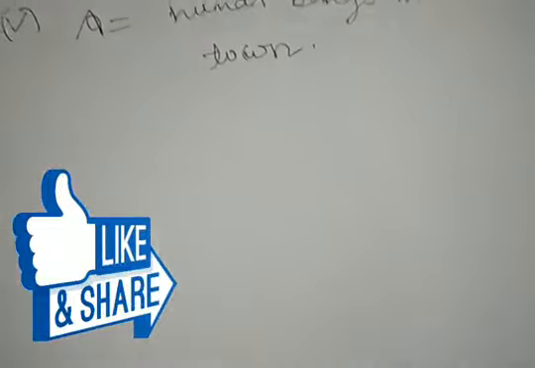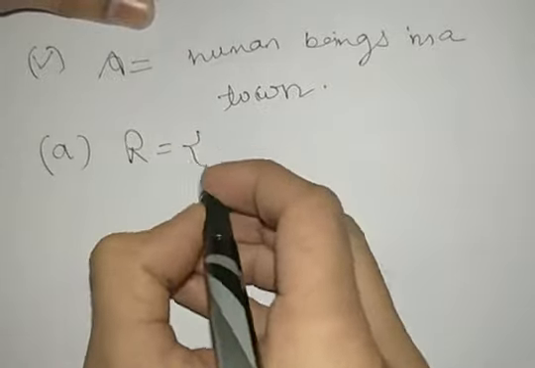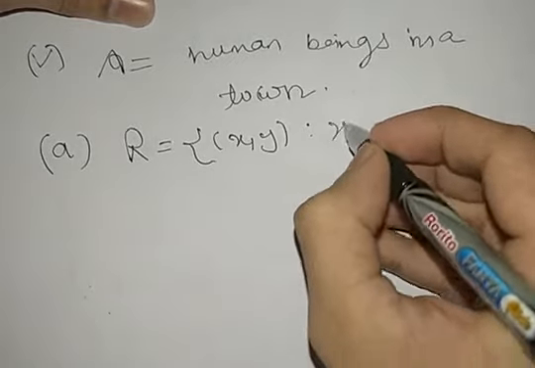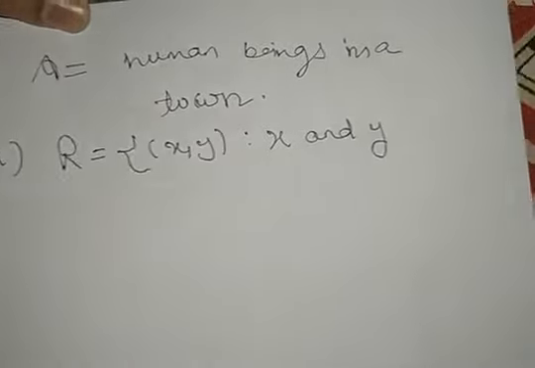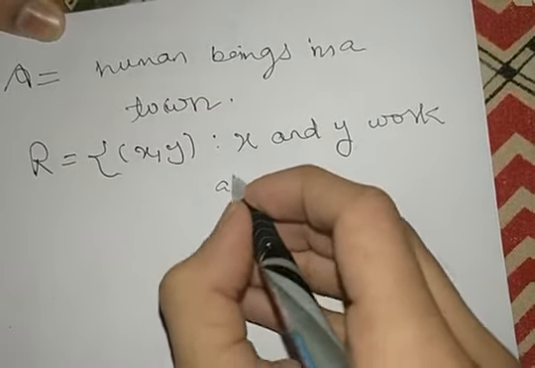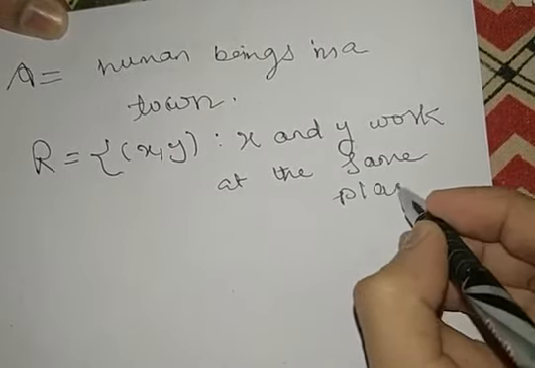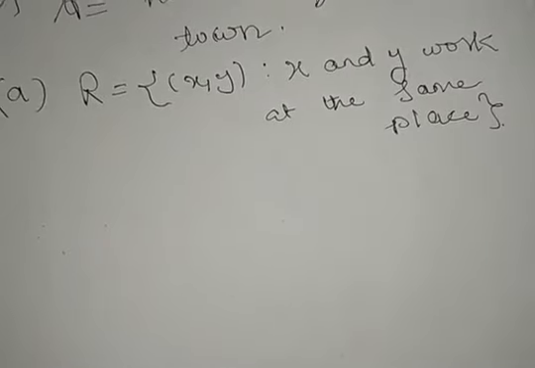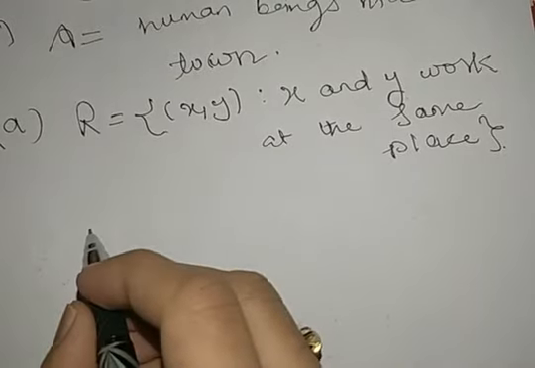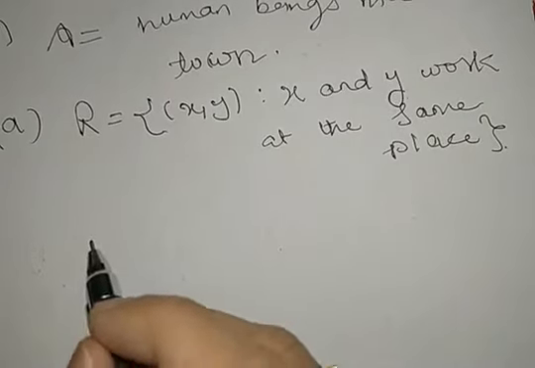Now the first relation R is given to be {(x, y) such that x and y work at the same place}. We have to determine whether the relation R is reflexive, symmetric or transitive.